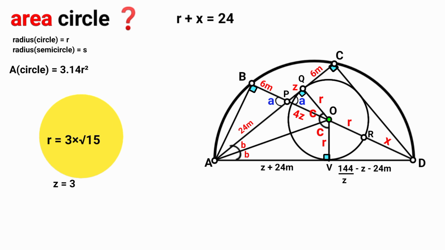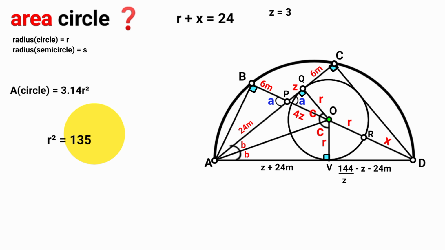Square both sides. Here, 3 times root 15 all squared is 9 times 15. And 9 times 15 is 135. So r squared equal to 135. Substitute it here. 3.14 times 135 is 423.9. So area of circle equal to 423.9 meters squared.